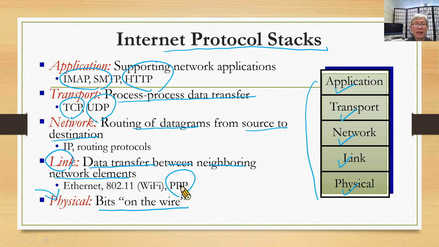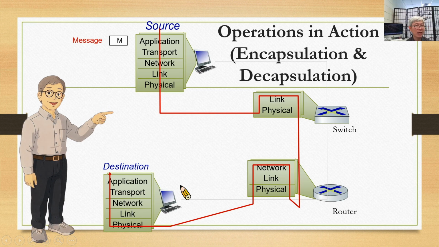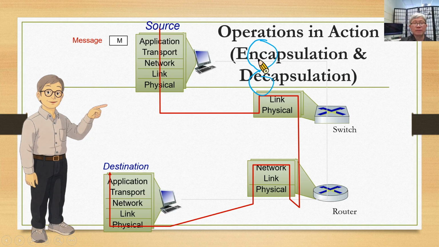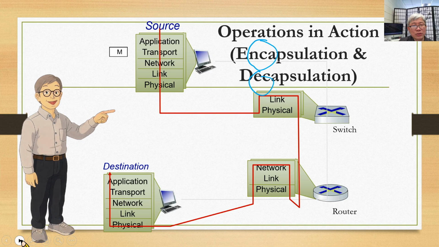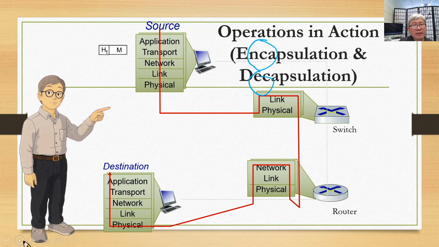With the Internet Protocol Stack, we can describe the operation, which involves encapsulation and decapsulation. Now let us look at the illustration. We have a message from the source, and at the transport layer, adding a header gives us the segment.